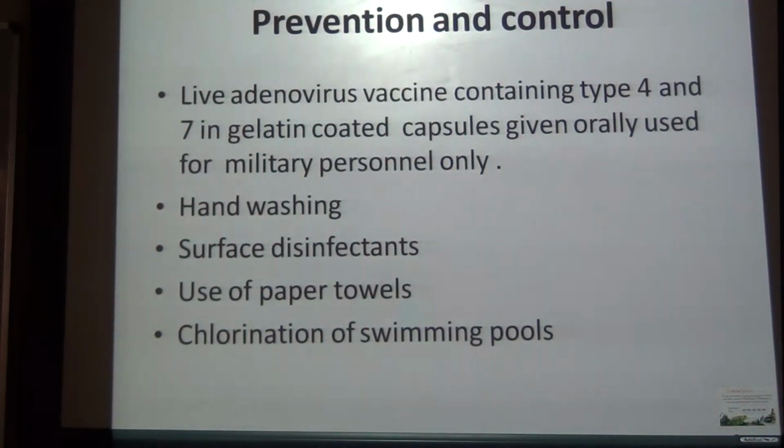So the infection can be prevented by hand washing, surface disinfectants like bleach, use of paper towels, and to prevent infection from the swimming pools, chlorination of the swimming pool is required.